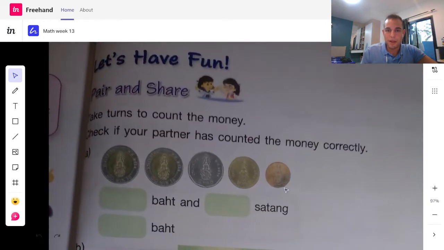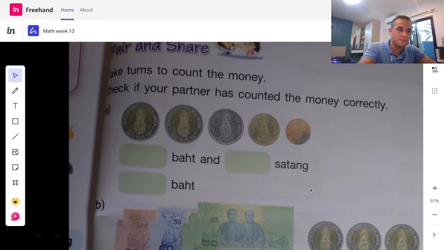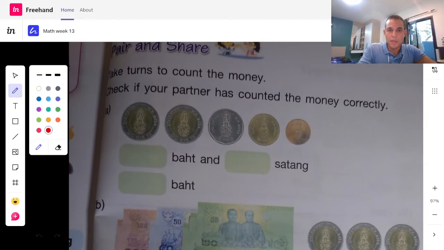Okay, all right, let's do it. We have how many baht? Well, we have 10, 20, 25, and this is 2 baht, not 50 satang. So this is 27 baht.